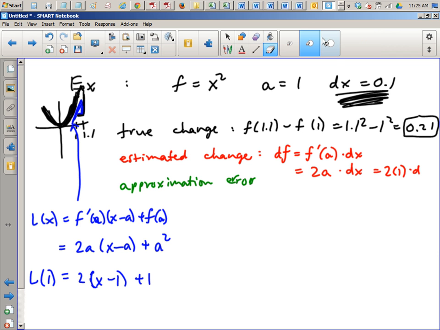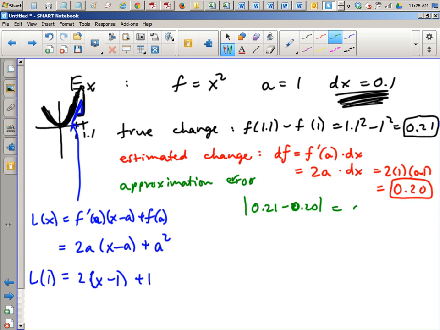It's 0.1. So the estimated change is 0.20. The approximation error is just the difference between your red answer and your black answer. So basically you're just going to do 0.21 minus 0.20, absolute value. So the answer is 0.01.